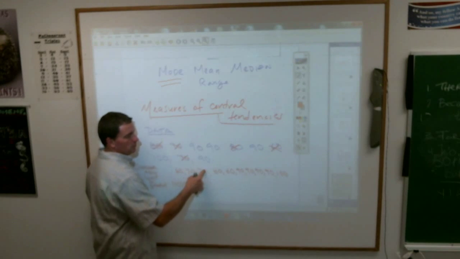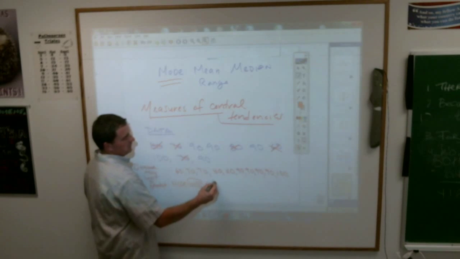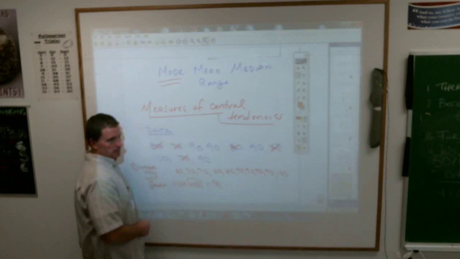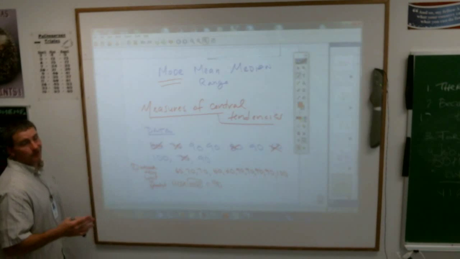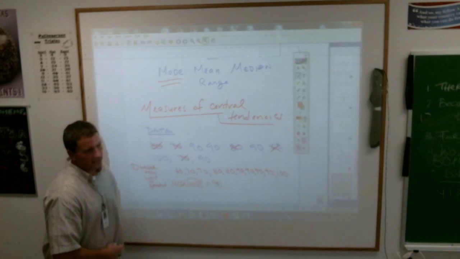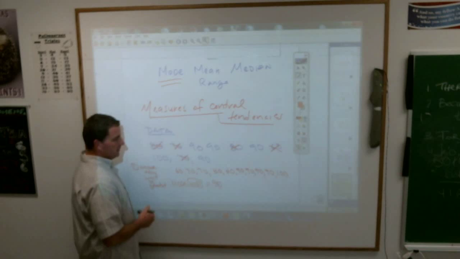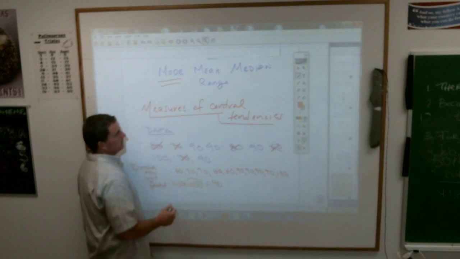If you look at this group of numbers, what number occurs the most? This one would be the number 90. If no number repeats, then it doesn't have a mode. If 2 numbers tie, it's called bimodal, and they both would be modes. But for right now, let's just go with this.